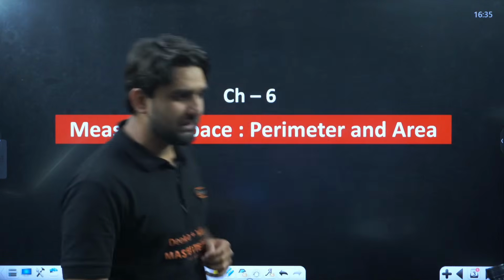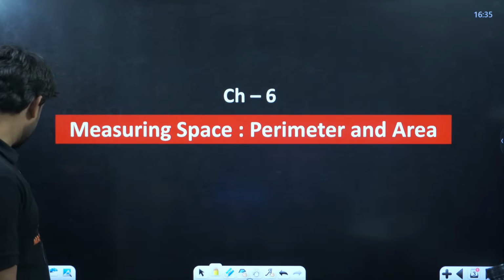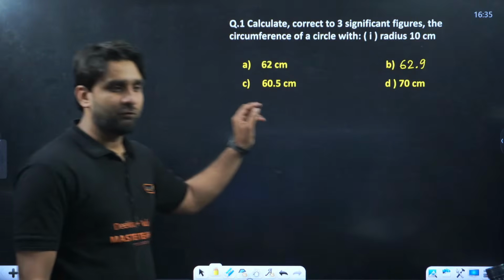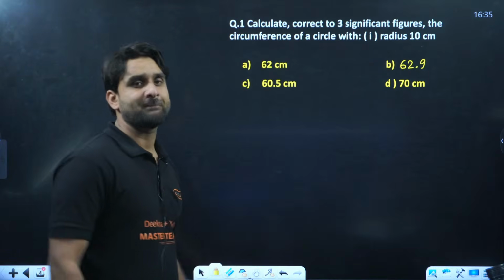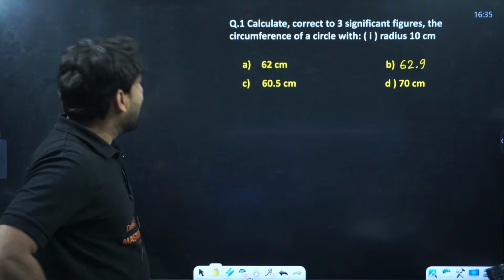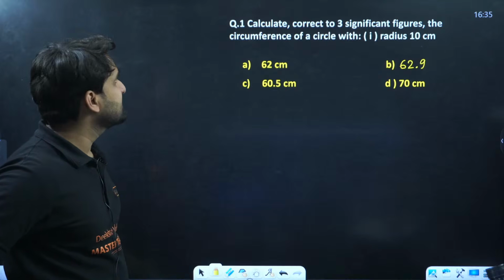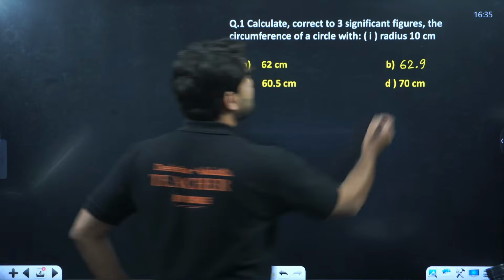Okay, so let's start. We have question number 1 of today's live class. Calculate correct to 3 significant figures the circumference of a circle with radius 10 centimeter.